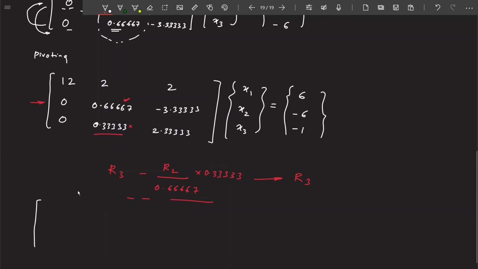So once you do that, you will find out the value that you are getting. This row is going to be the same. So let us first write down this row. Again, nothing is going to change in this row, so keep it as it is.